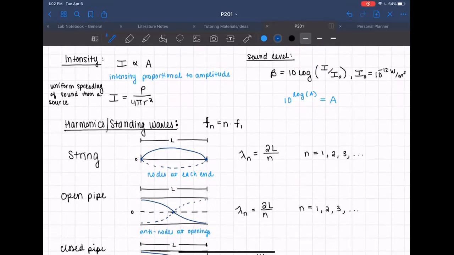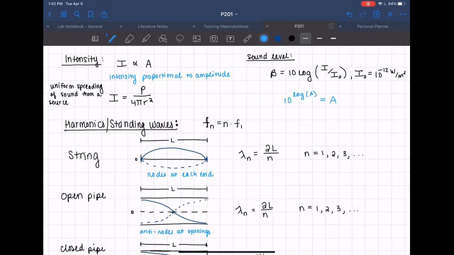And then the other thing that he gave you on the equation sheet that's different is the intensity as a function of distance from whatever source is producing the sound. So the full equation for that I wrote down here is power divided by 4 pi r squared. He gave it as I is proportional to 1 over r squared.